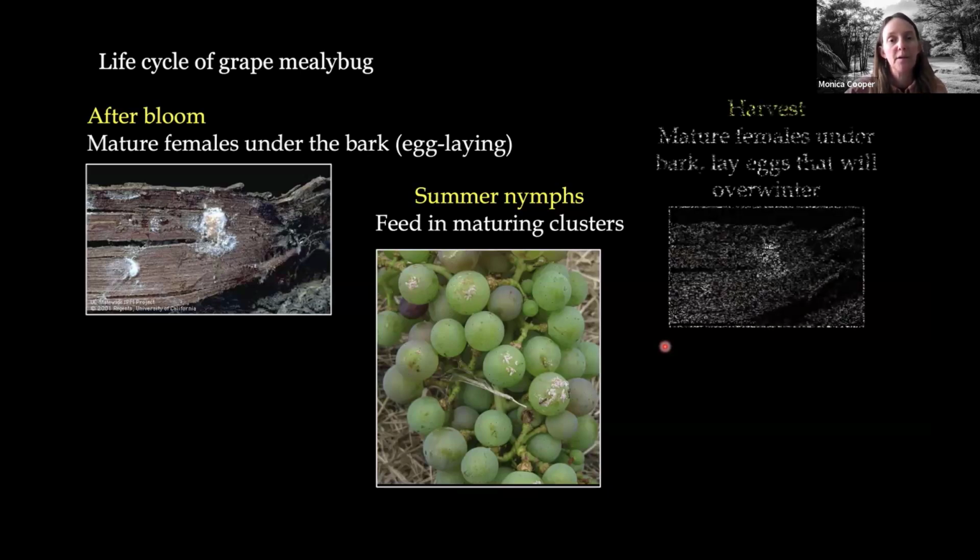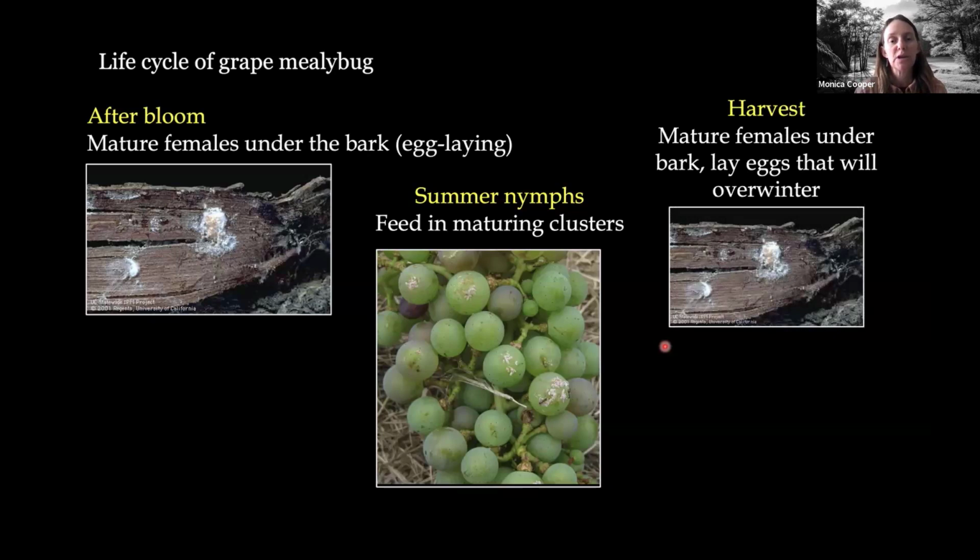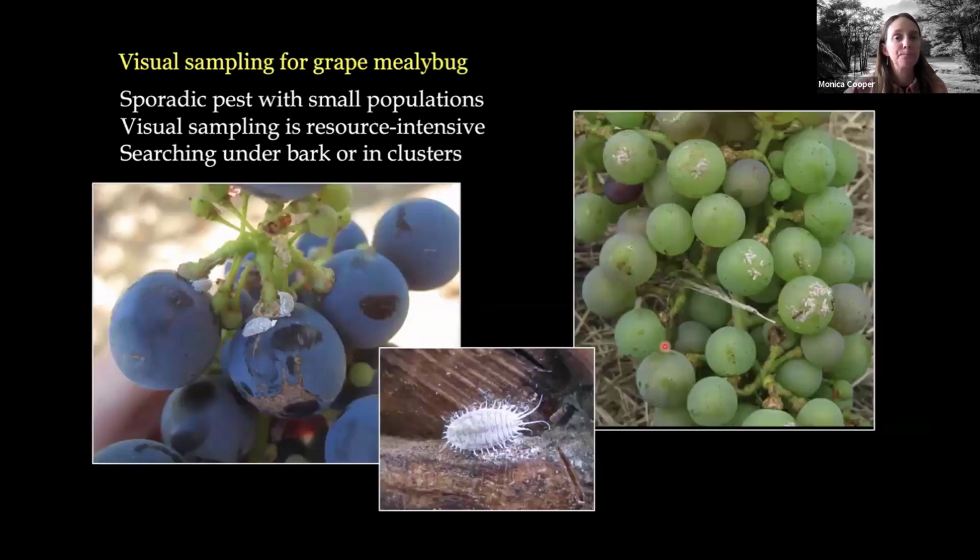So they'll spend their time in the clusters until that generation matures. Once that generation matures, which is usually before harvest or around harvest, we have mature females that move again back under the bark, and then those eggs will overwinter again, and the life cycle starts over again.